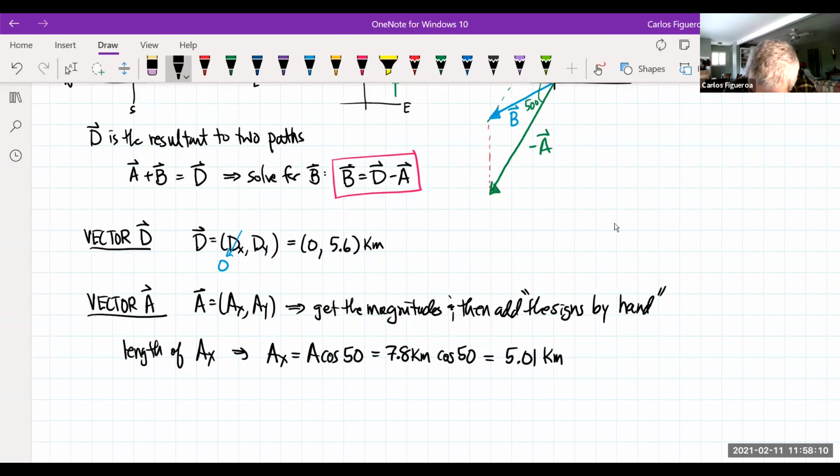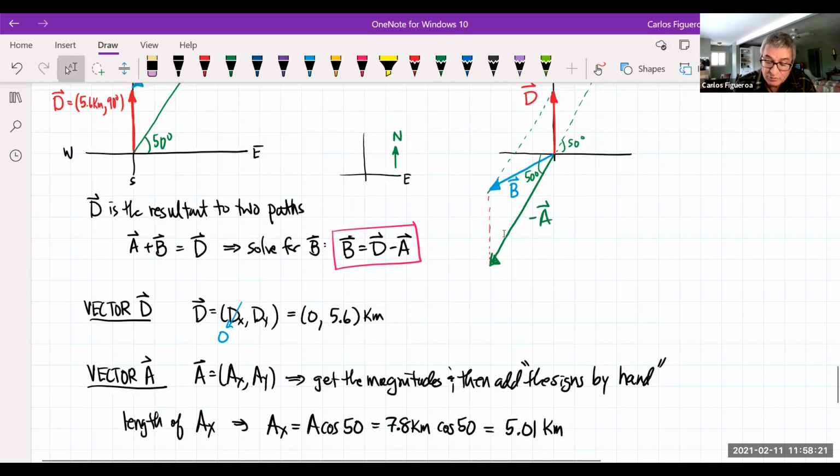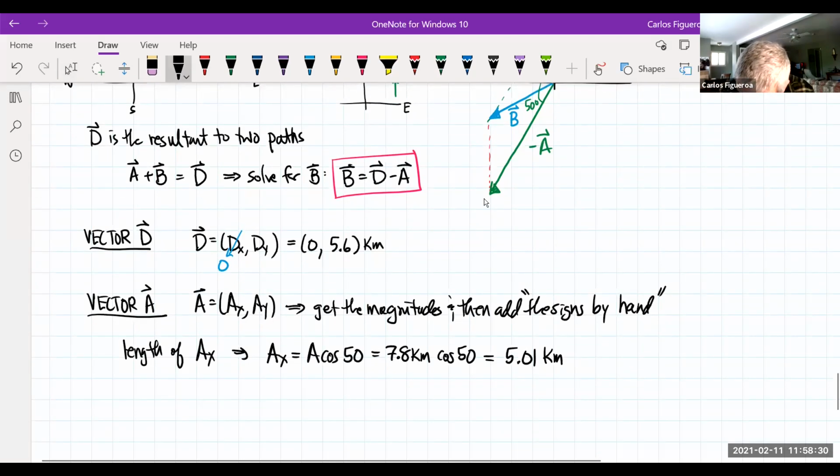So this component tells me that's the magnitude. Now I need to add the sign. When I look at my vector, note that this guy is in the third quadrant. So I have to put my sign in. So AX is 5.01, but because it's in the third quadrant, I put a minus sign.